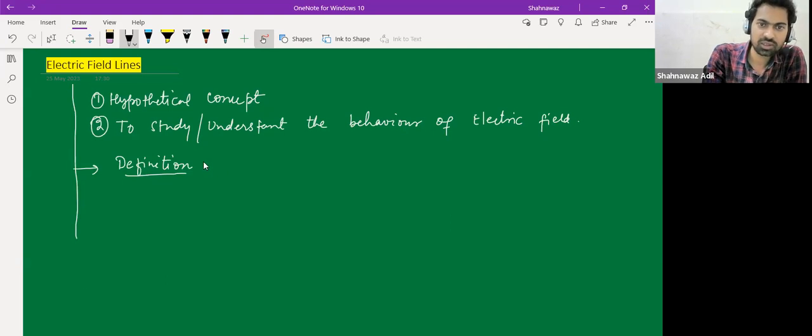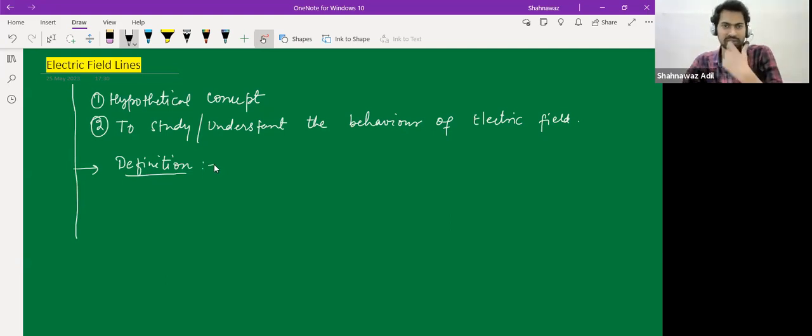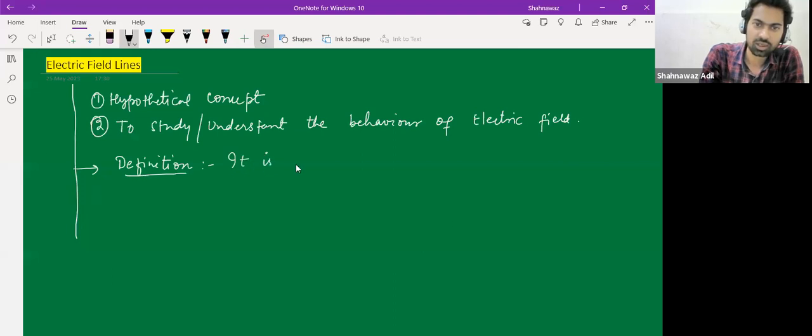So the first definition would be that it is a pictorial or geometrical representation of electric field.